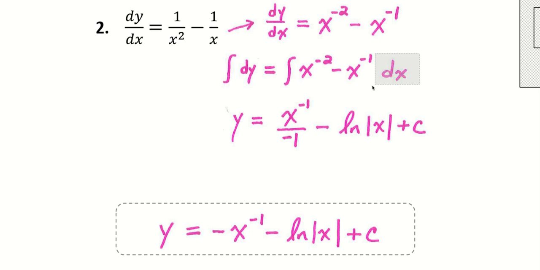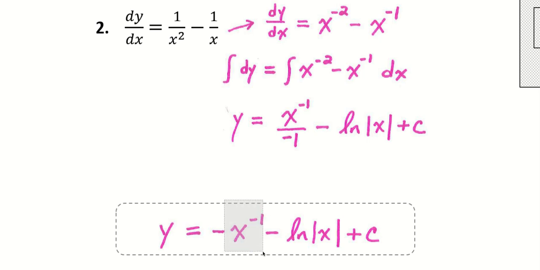So I guess I did, in a step, move the dx to the other side. And so don't forget your plus c. And that will do it. Unless you want to write this as 1 over x.